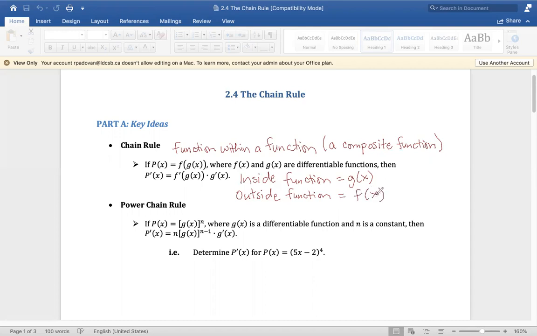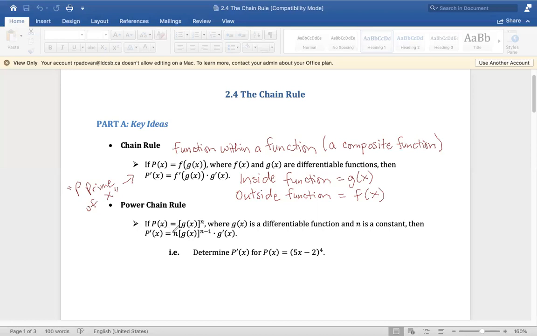And just in this particular case, the x value here happens to be g of x in its place. And we call it p prime of x. If you wanted to write that down, that's called p prime of x. So the outside function is often powers. So that's why we're going to look at the power chain rule next.